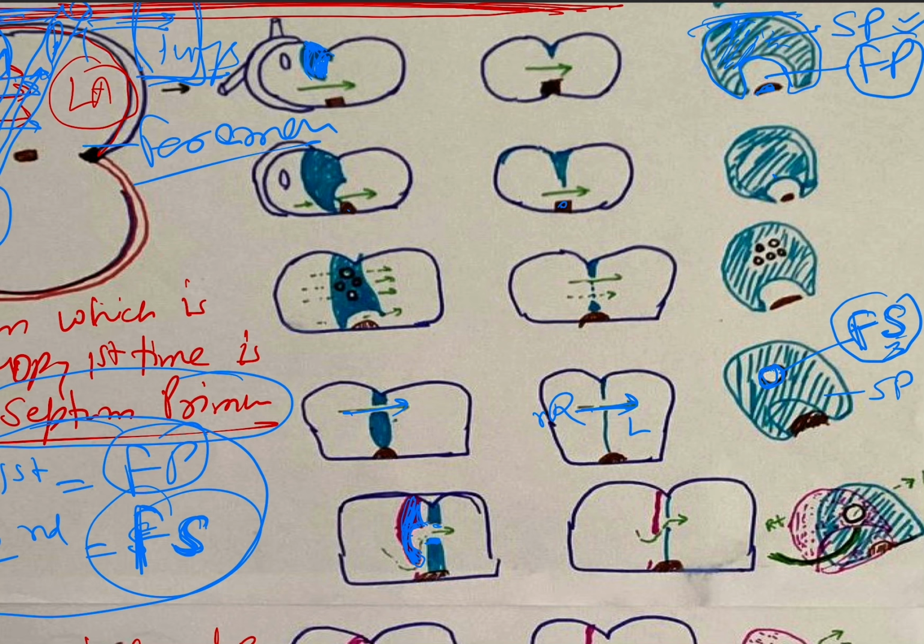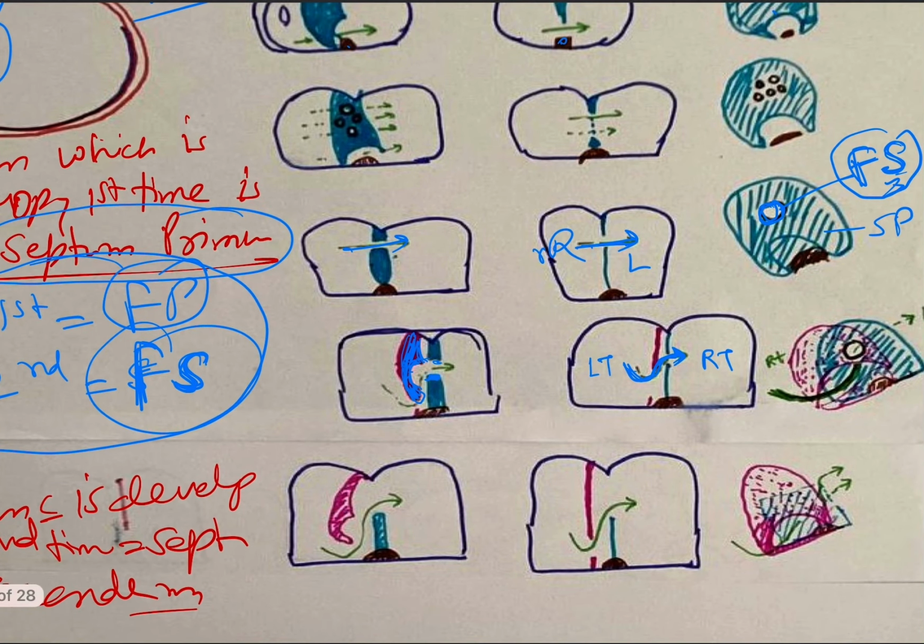Okay friends, and it overlaps the foramen secundum. When it overlaps, still there is an opening. Now blood has to take an oblique course before passing from left atrium to the right atrium. This oblique course or oblique opening is known as foramen ovale. This is foramen ovale. Okay.